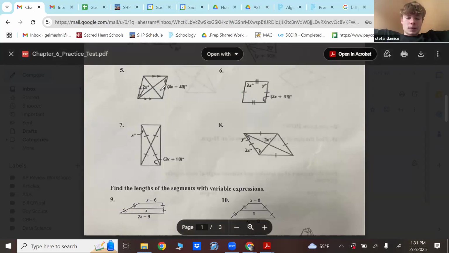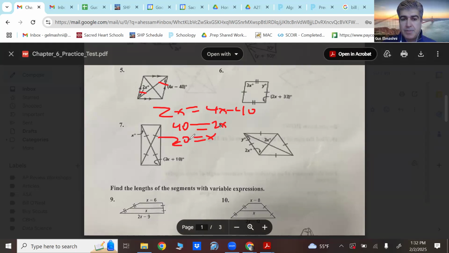Okay, so these are alternate interior angles, so they have to be the same. The x is 20.